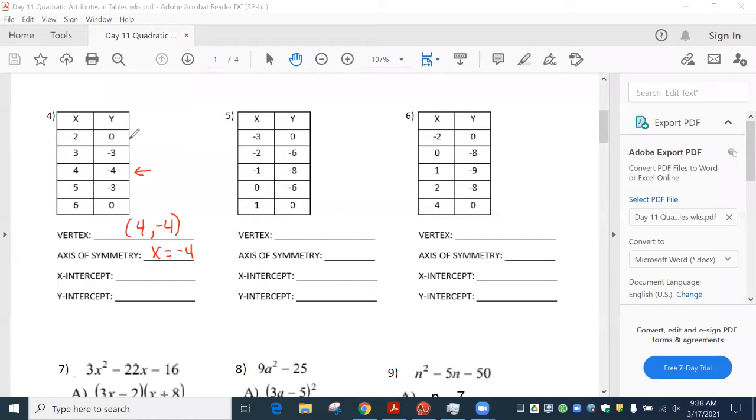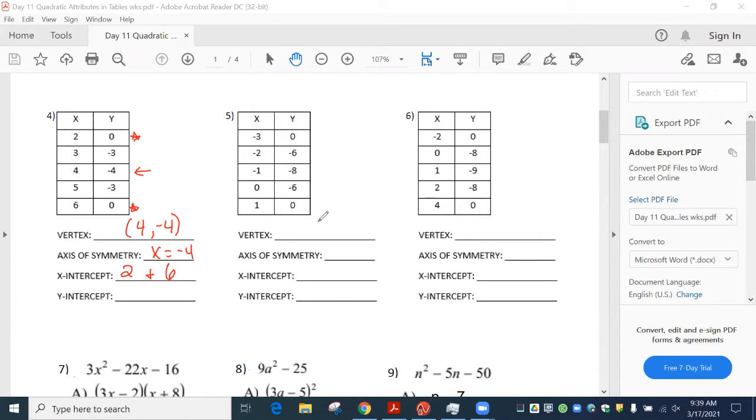And then we're only going to worry about these 2 zeros right now. So my first 0, we have this 2, is that x-intercept or y-intercept? X-intercept, so 2. And then we've got a 6 that's underneath the x's, so that's an x-intercept as well. And for right now, we're just not going to worry about the y-intercept.